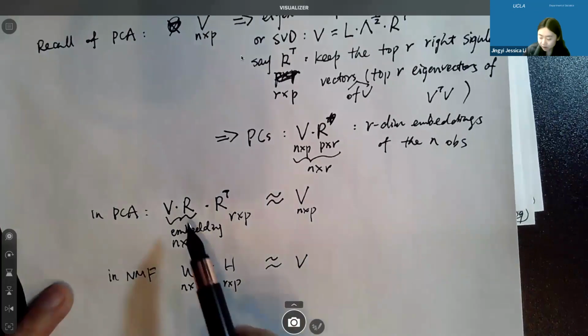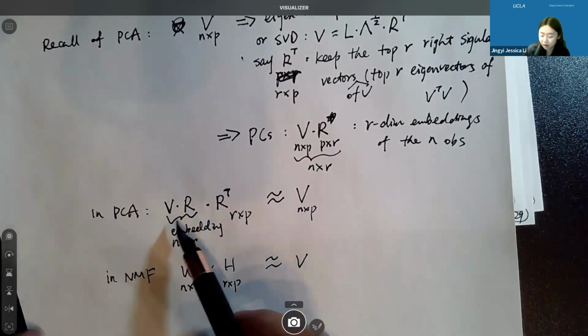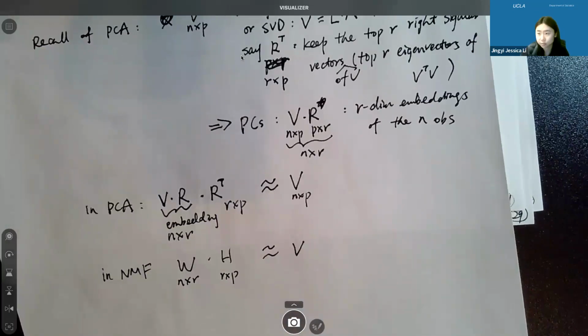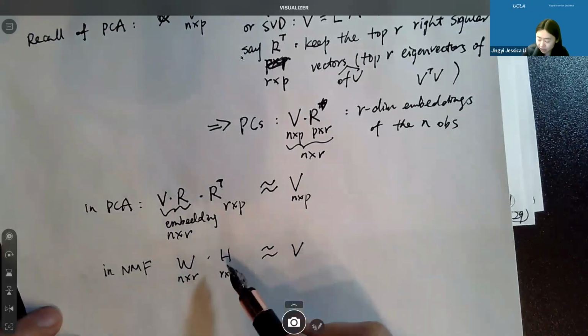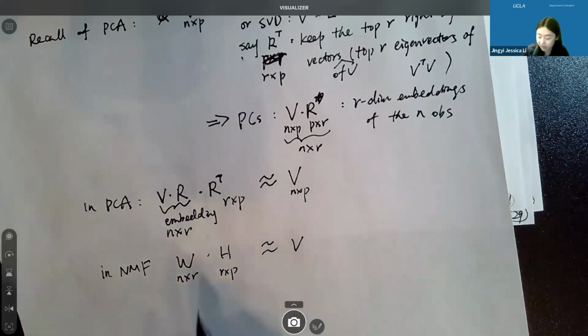And if I regard W as an alternative to V times R, is H an alternative to R transpose? That's the question we may wonder. In other words, can we use H as R transpose and take its transpose as R?